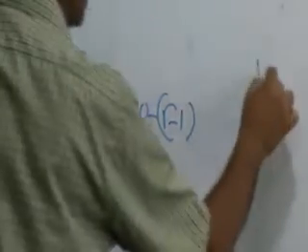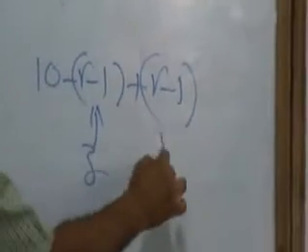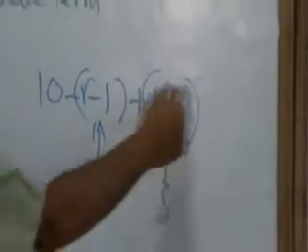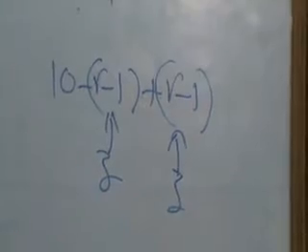Why? Because 10 minus (r minus 1) plus (r minus 1) is 10. Let r minus 1 be z. Then 10 minus z plus z is 10. So if the total has to be 10, there will be 10 minus (r minus 1) and r minus 1. So that is the TR.